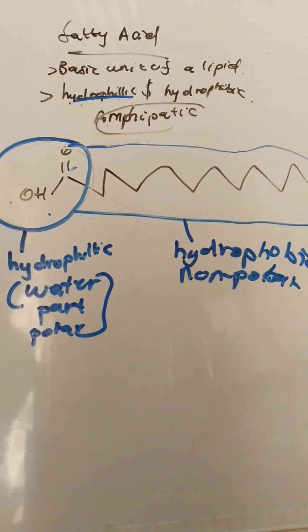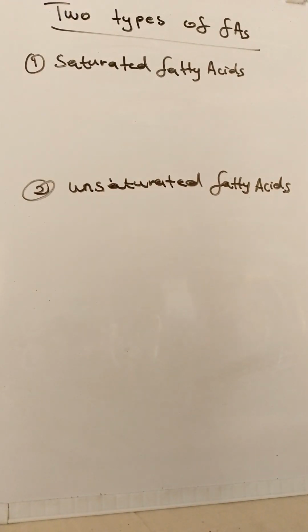That is why we are saying that a fatty acid is both hydrophilic and hydrophobic. You need to note down that we have two types of fatty acid: the saturated fatty acid and the unsaturated fatty acid.